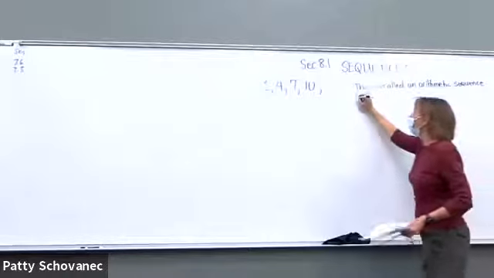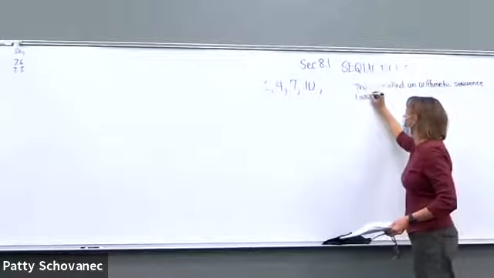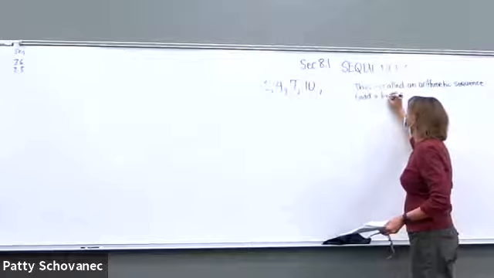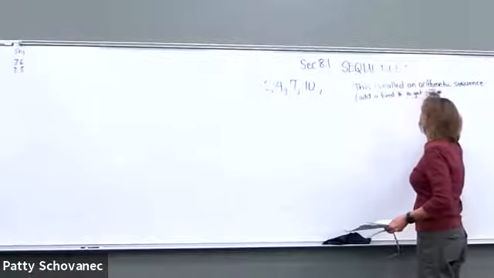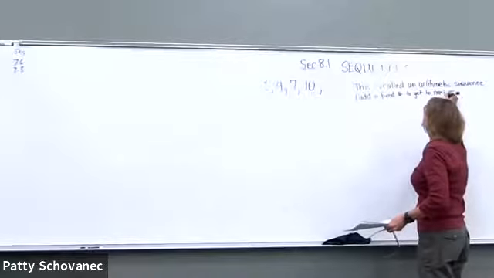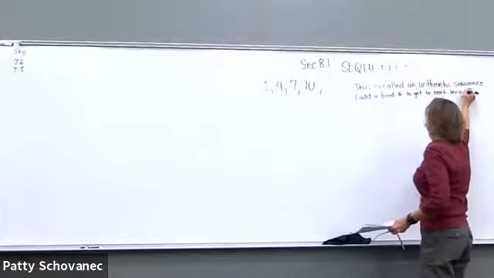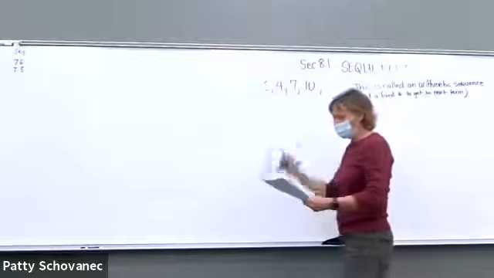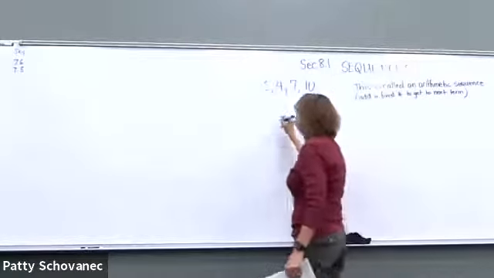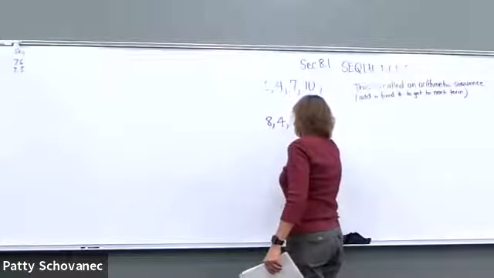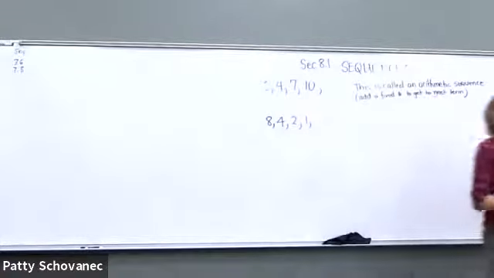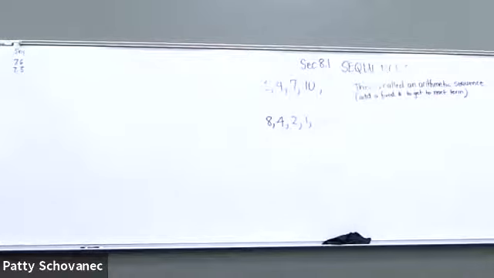The arithmetic sequence is one in which we add a fixed number to get to the next term. Here's a sequence: 8, 4, 2, 1. What's the next term? 1/2, 1/4, 1/8.